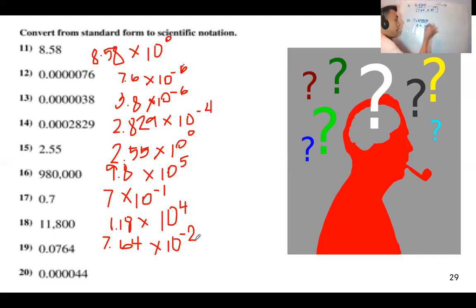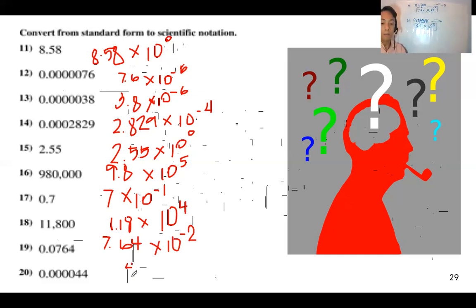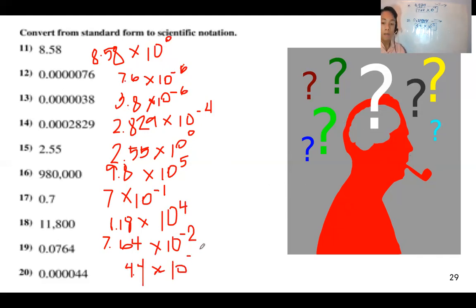So that is 5. It moved to the right. Ang right natin is negative. So negative 5. So the answer for number 20 is 4.4 times 10 raised to negative 5.